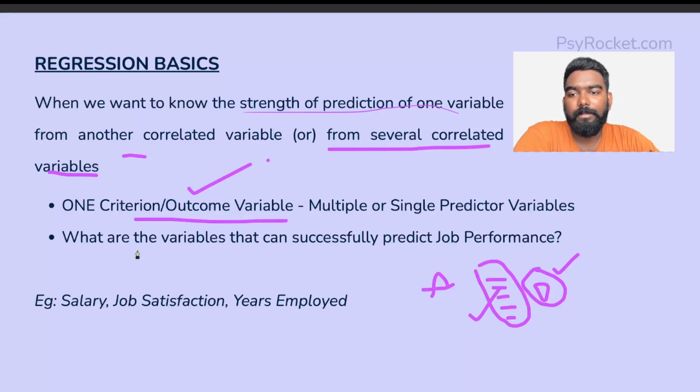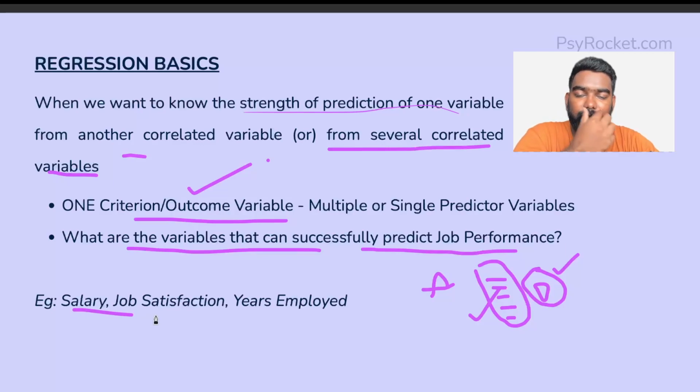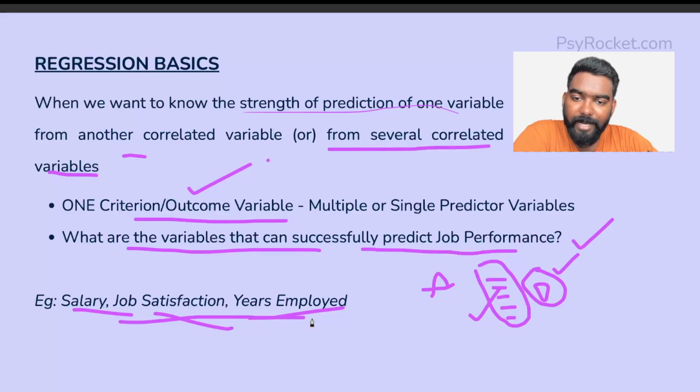In another example, what are the variables that can successfully predict job performance? For example, salary might predict job performance successfully, and job satisfaction and years of employment, maybe they can also successfully predict job performance. And in regression we can also tell which of these predictors are more successful than others.